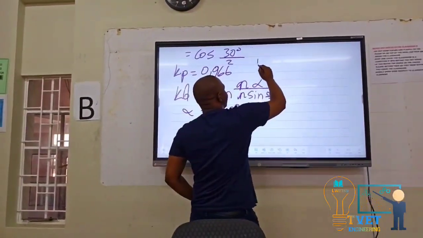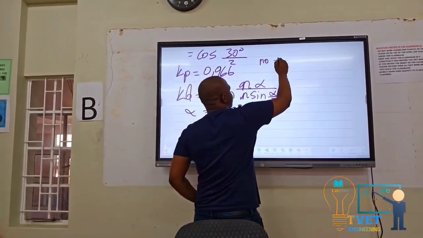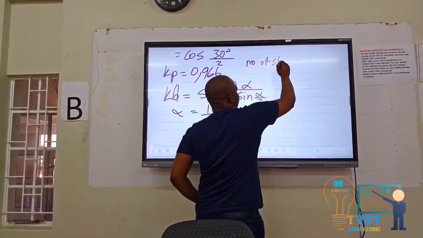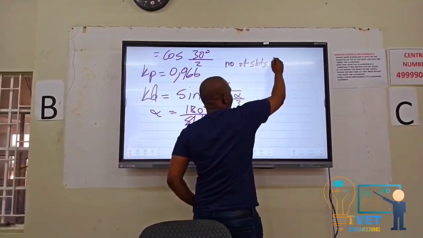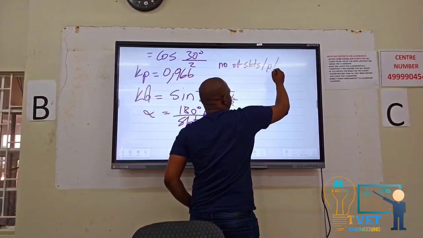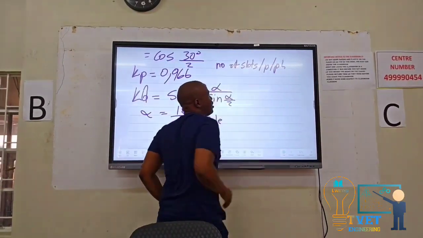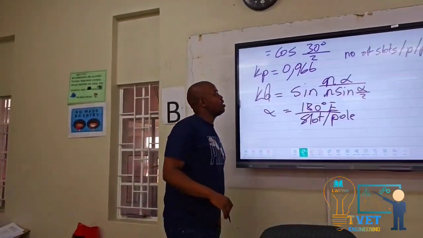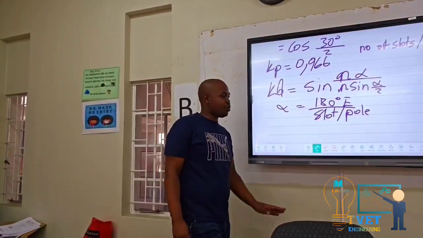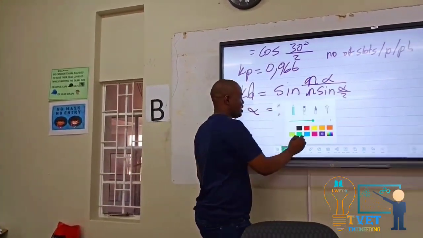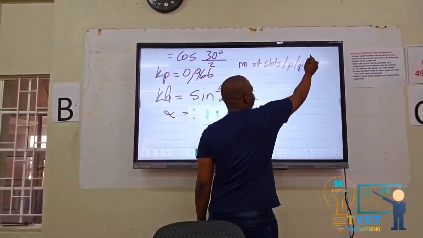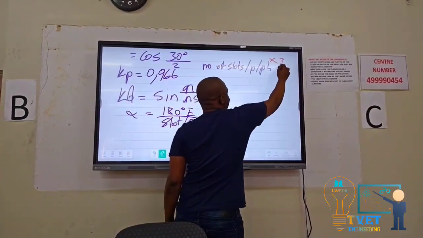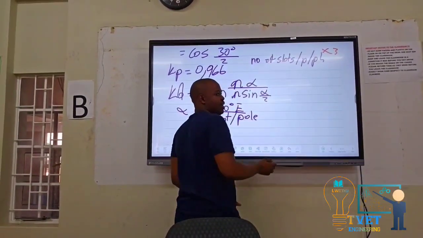Remember, we have the number of slots per pole per phase. To get the number of slots per pole, I just need to multiply by the number of phases, which is 3.